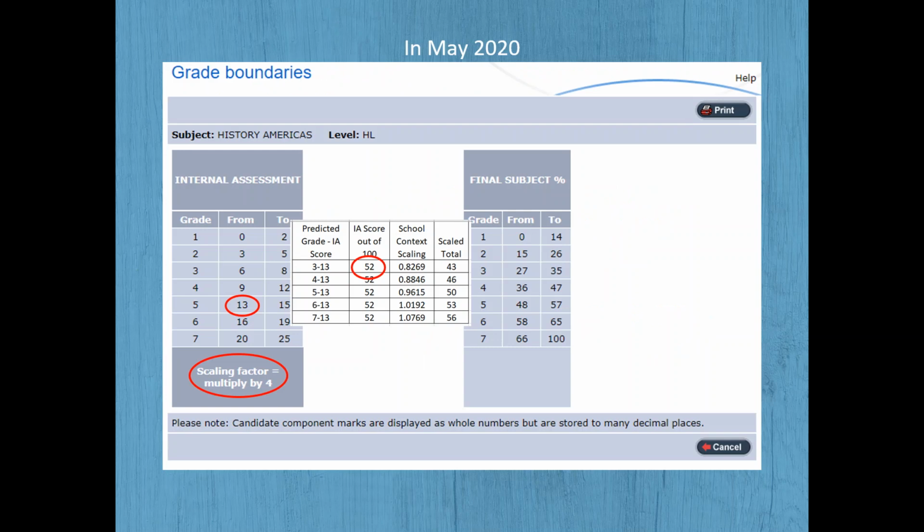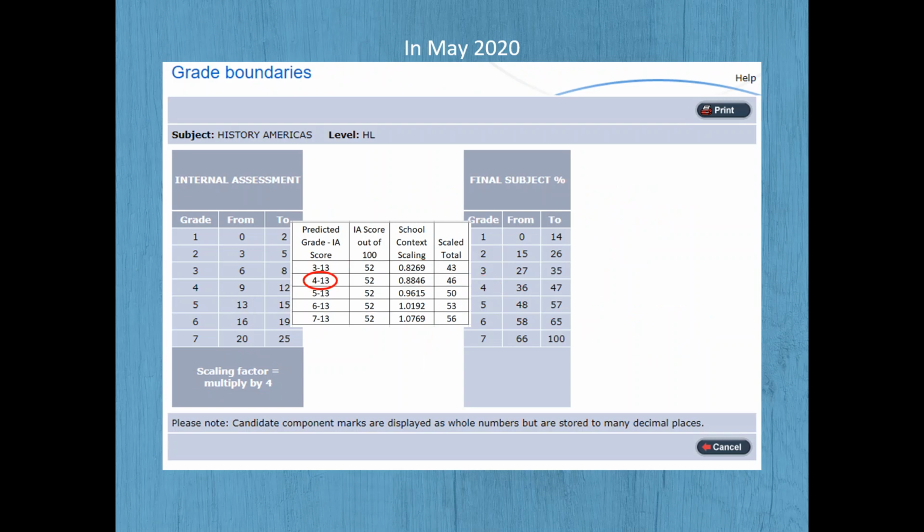Now we take into account the predicted grade, in this case, a predicted grade of 3. All students who earn a 3 and 13 will receive a school scaling factor of 0.8269. You take the 52, multiply it by 0.8269, that becomes a 43, and that is an IB score of 4.